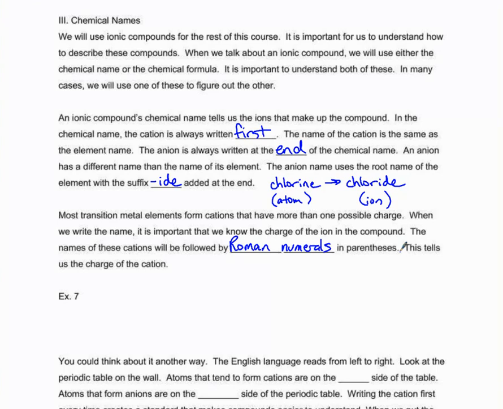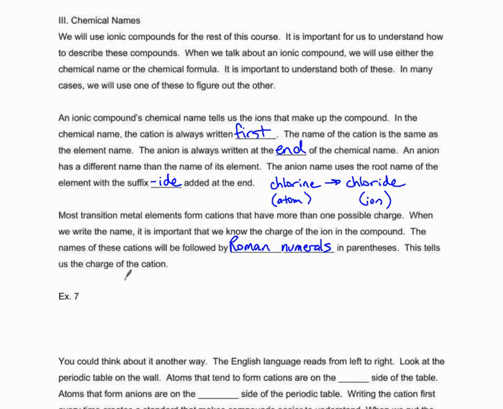This tells us the charge. And it's important because if you have an element that can form two different ions, those two ions have different numbers of electrons, and they're going to behave a lot differently.